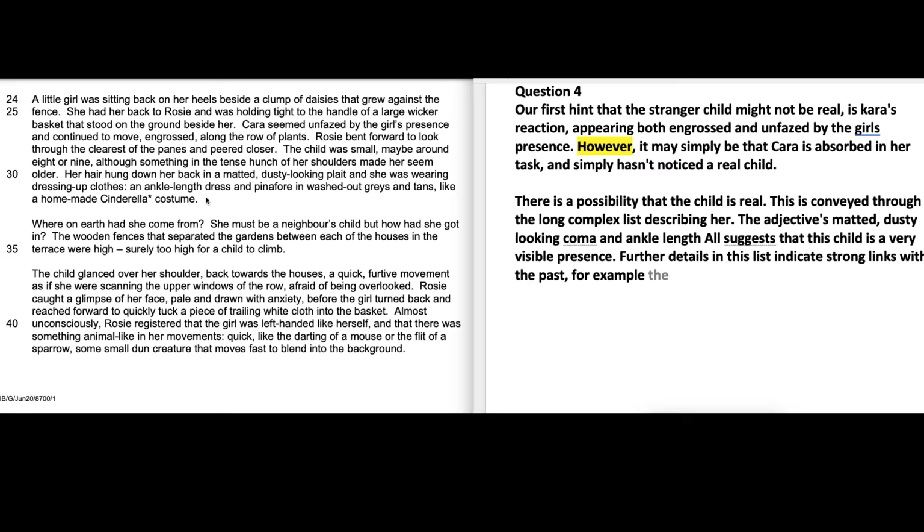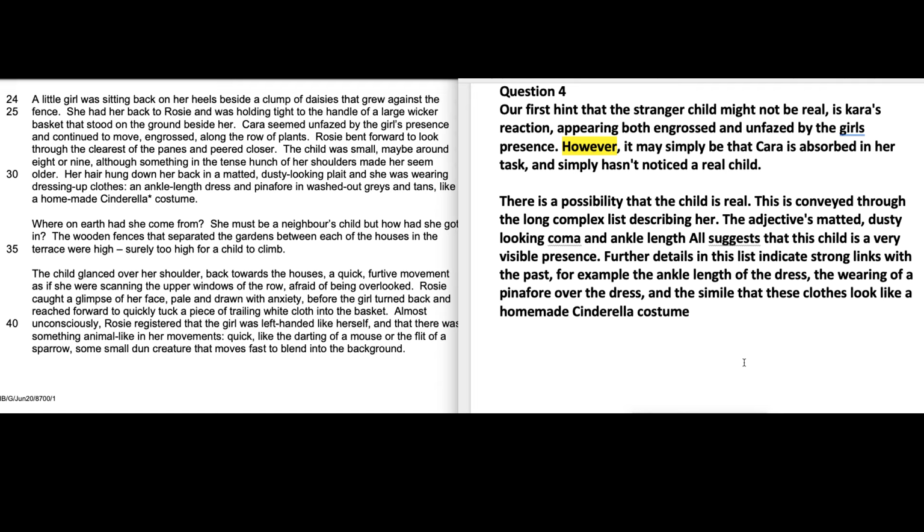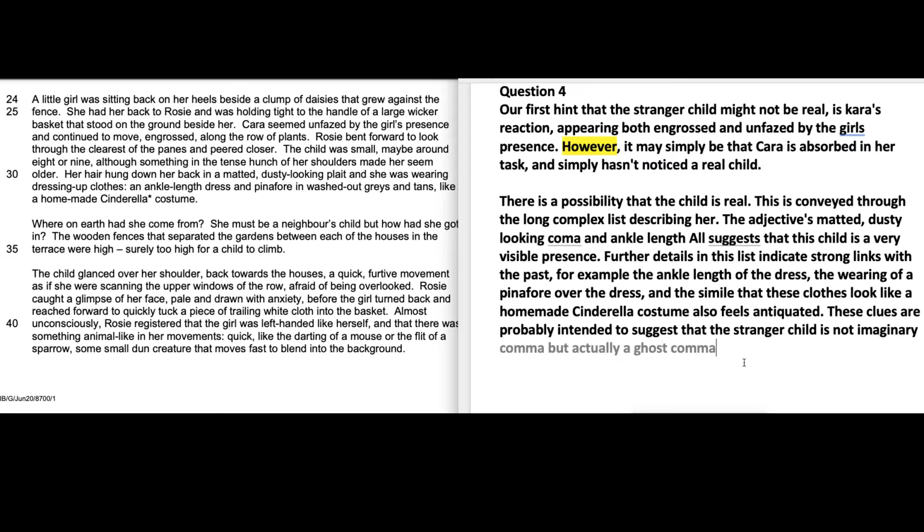For example, the ankle length of the dress, the wearing of a pinafore over the dress, and the simile that these clothes look like a homemade Cinderella costume also feels antiquated. These clues are probably intended to suggest that the stranger child is not imaginary, but actually a ghost visiting from the building's past when it was a silk factory.